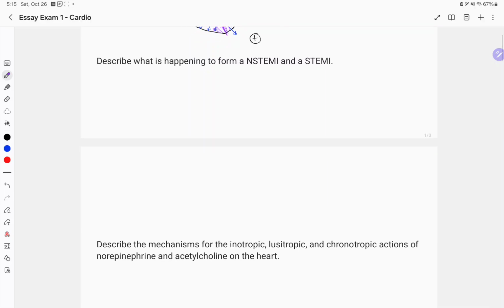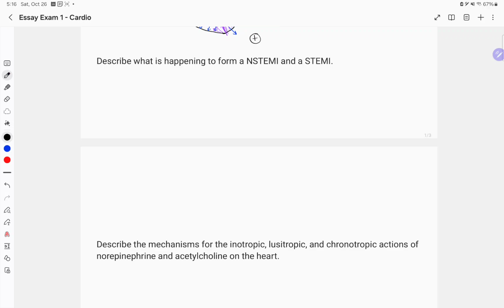If you asked me to explain what the acronym STEMI stands for, I actually wouldn't be able to tell you, but I can tell you that NSTEMI means not STEMI, and then STEMI just means STEMI. So let's take a look here and see the difference between these two.